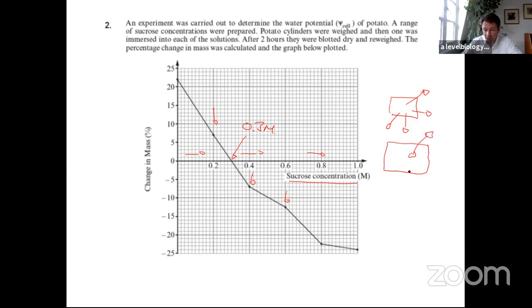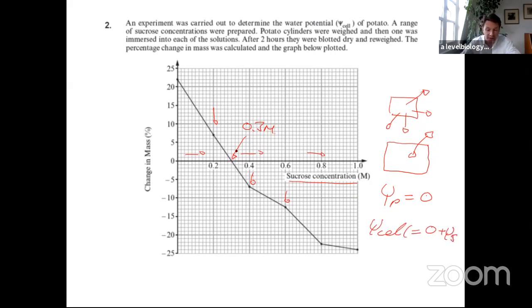Now, if there's no net movement and it's in an isotonic solution, then psi p will be 0. So the water potential of the cell, psi cell, will equal 0 plus psi s.